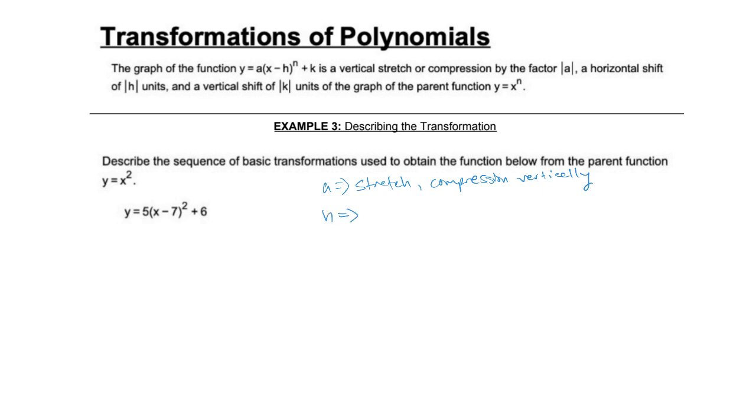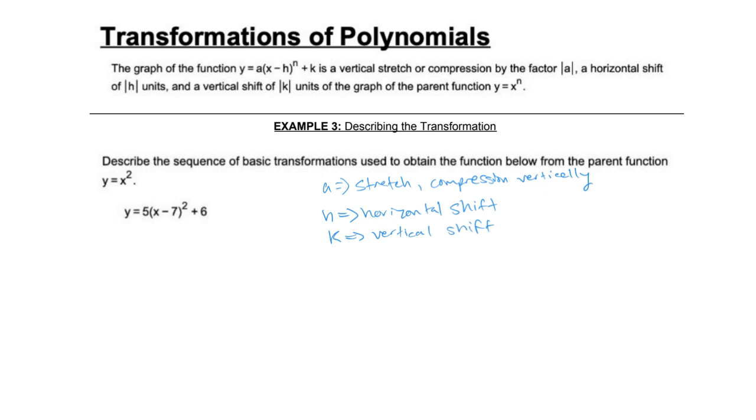Your H is a horizontal shift. And your K is a vertical shift. So this is just reiterating things from previous sections on transformations.